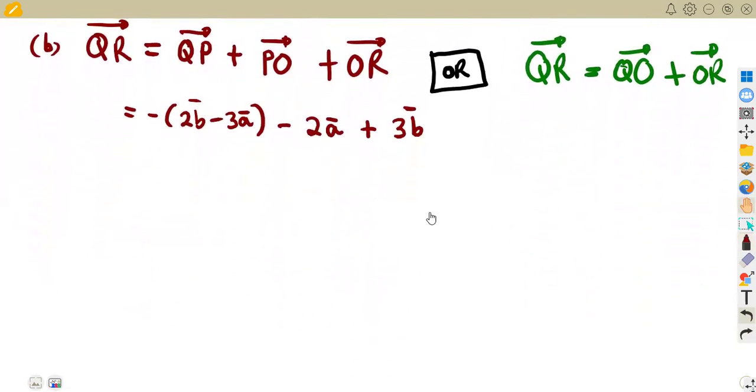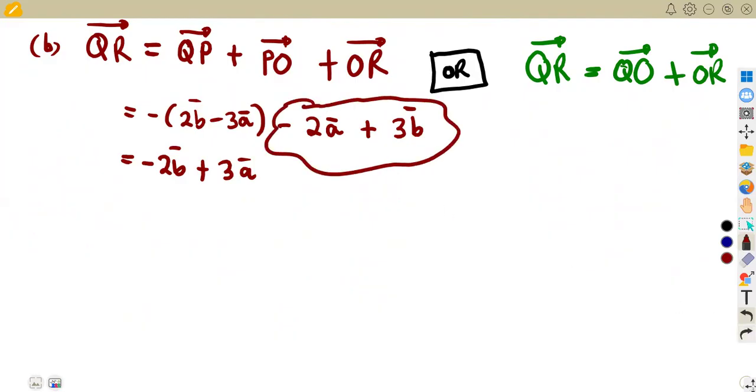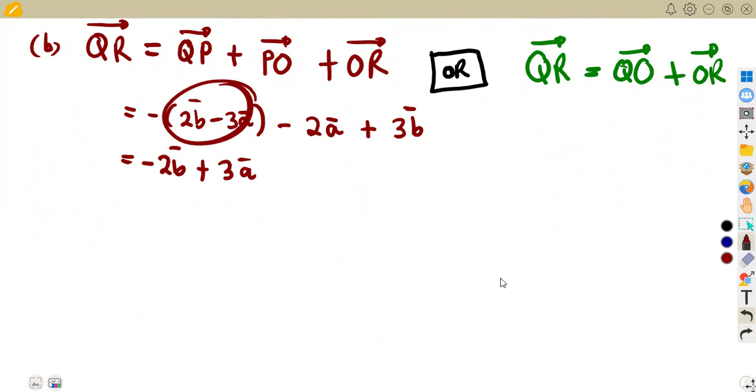So from this route, we can simplify. We're going to simplify and test with this one if we have got the same answers. Multiply by a negative, that will be negative 2b. Negative, negative, that is going to be a positive 3a. The rest, we do not have the bracket, so it is going to remain as it is. It is not affected by the bracket.